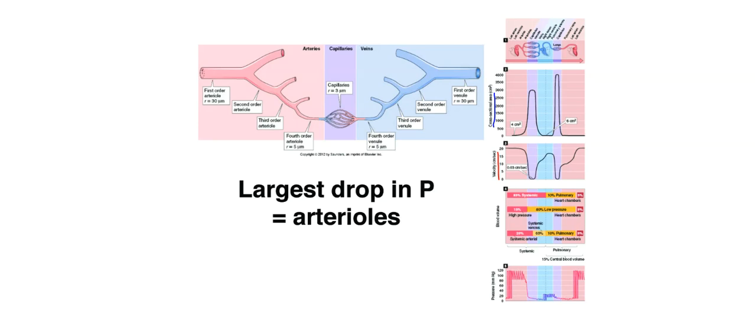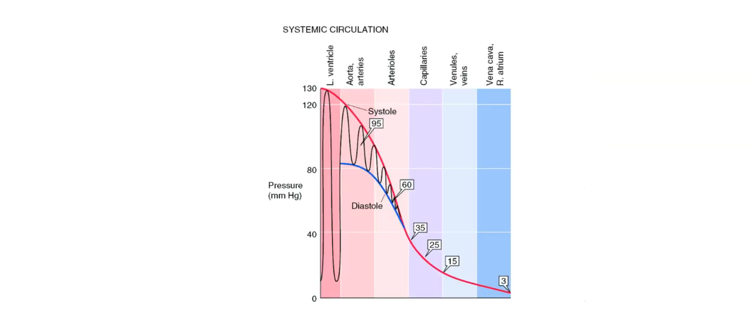You can read it better when you look at it in the textbook, in the Boron book. But if you look closely, the biggest pressure drop is happening at the arterioles. That's the biggest point where you are slowing down that velocity because of that massive resistance.